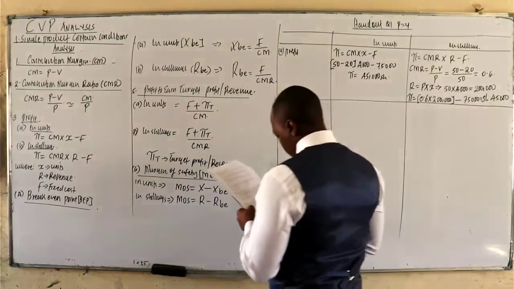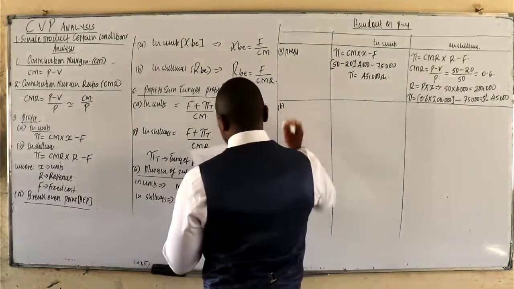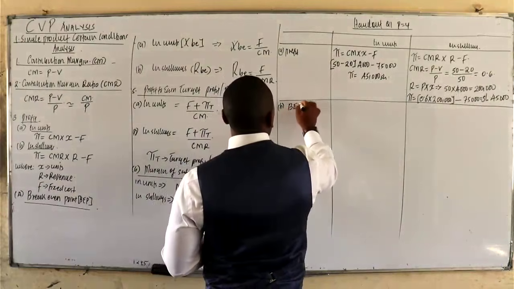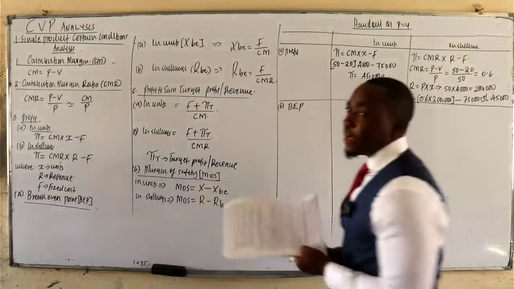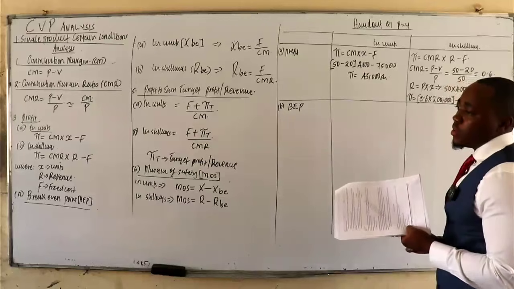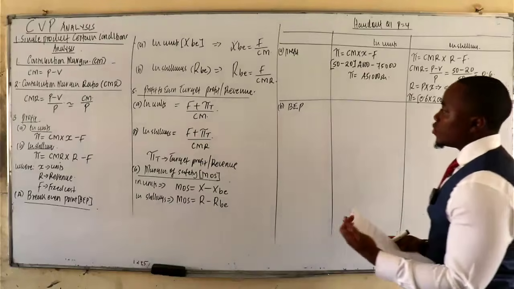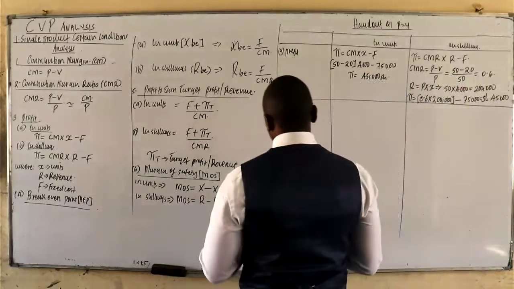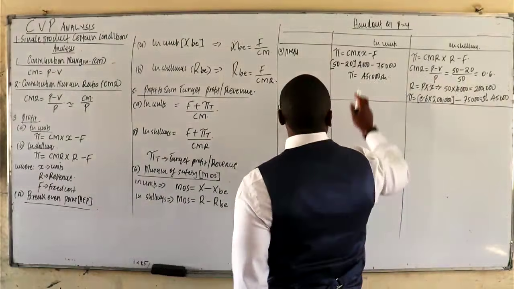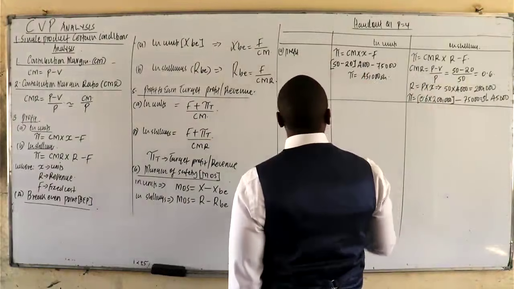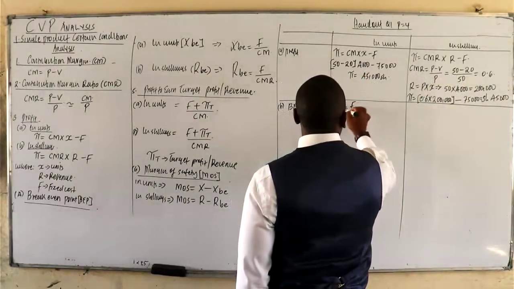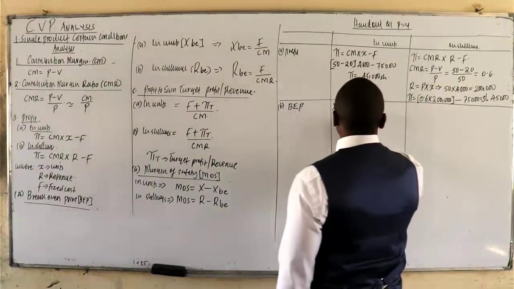Number B of the question, to get the break-even point. Now, at break-even, the profit is 0. That means the total revenue is equal to total cost. So for us to break even, how many units should we sell? So you can compute in units or in revenue form. BEP in units is denoted by XBE, which is the fixed cost over the contribution margin.